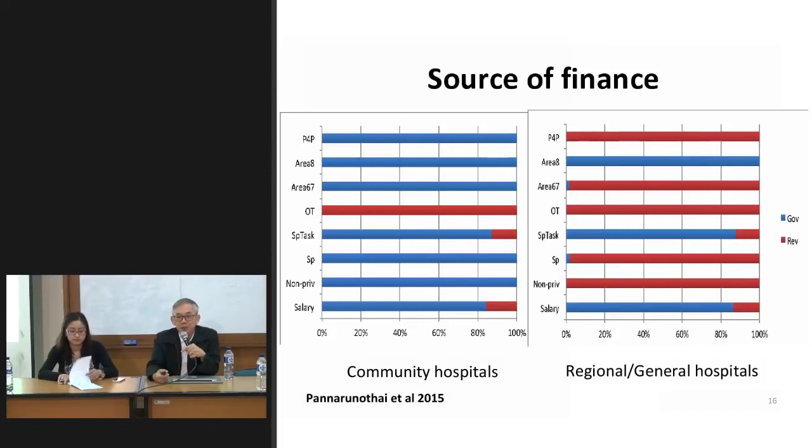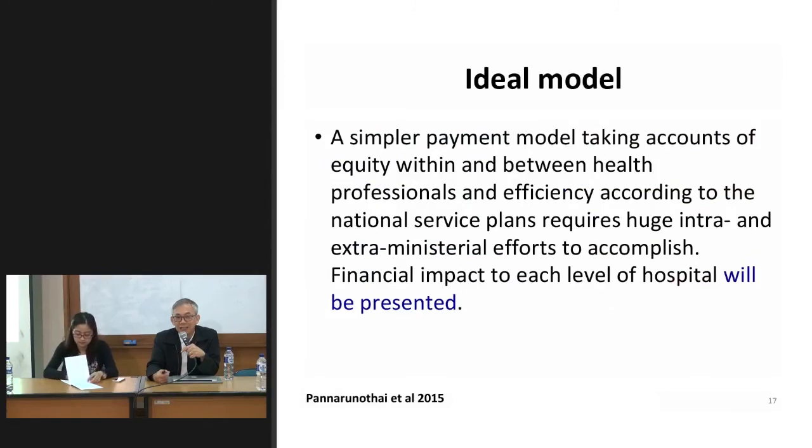So we propose the ideal model, that the complex, many types of payment should be changed, but it will be very brave for the Ministry of Public Health to change, because the regulations that we are practicing come from small regulations governed by the Ministry of Finance, and this makes life more difficult.